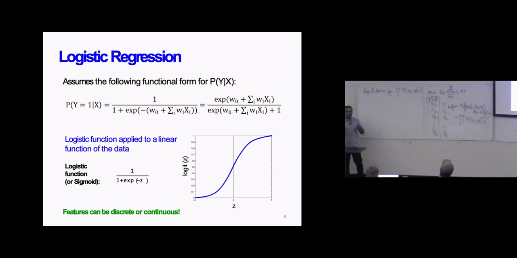And more importantly, we don't care about that. The only thing that we care about in logistic regression, by definition of a discriminative classifier, is essentially the probability of yi given xi, w. That's what we care about.